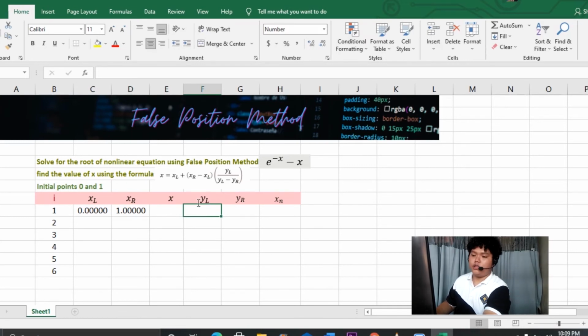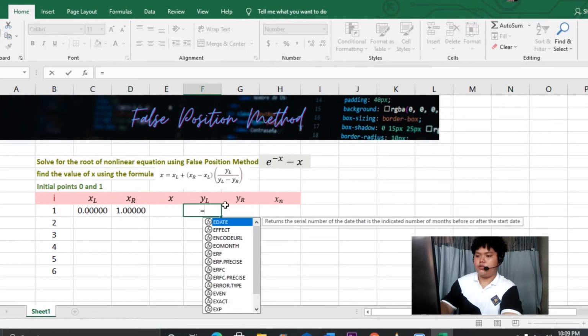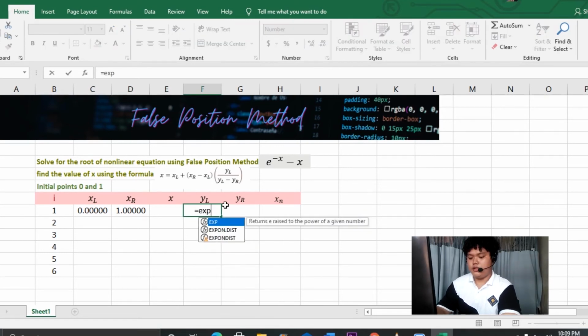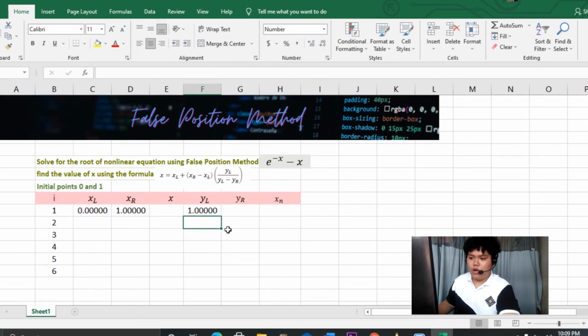So to find the function of our left limit, we will substitute to the formula, equals EXP negative 0, or negative this cell, C10, close parentheses, minus, again, this cell. And we will have a value of 1.